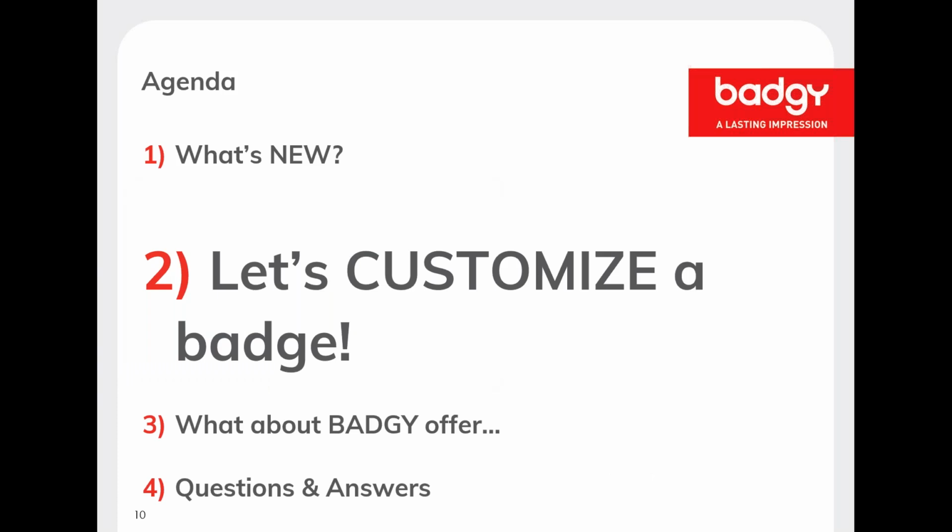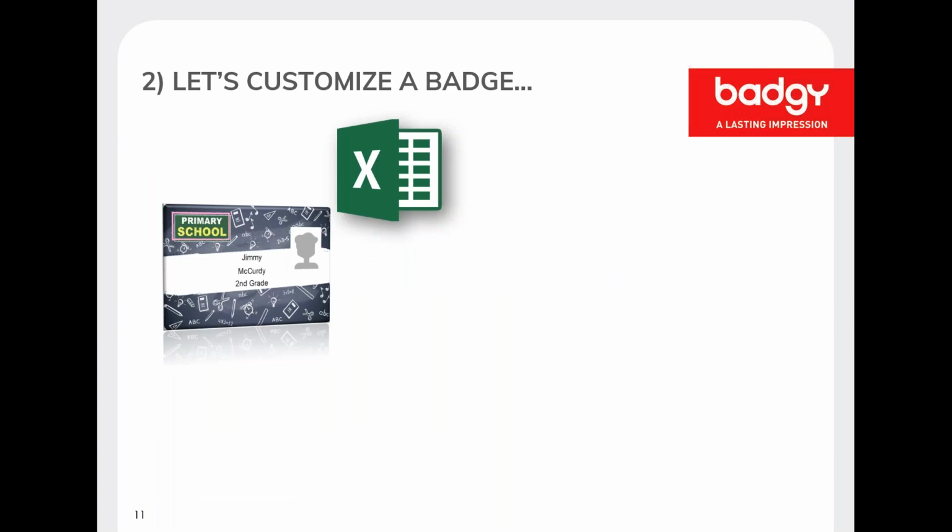Okay, thank you. So let's practice a bit with Badge Studio software. I'm going to show you how to customize a badge, starting from a card template inside Badge Studio and a list of people in an MS Project file with all personal information inside.